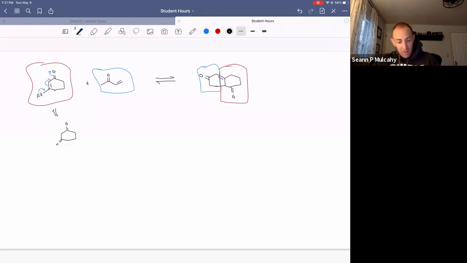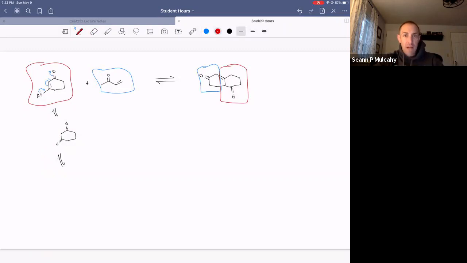But if we were to treat this molecule with sodium hydroxide, we're still going to get deprotonation of that proton right there. Oh, sorry, I guess it was catalytic phosphoric acid. Sorry. Let me go back. Getting ahead of myself.